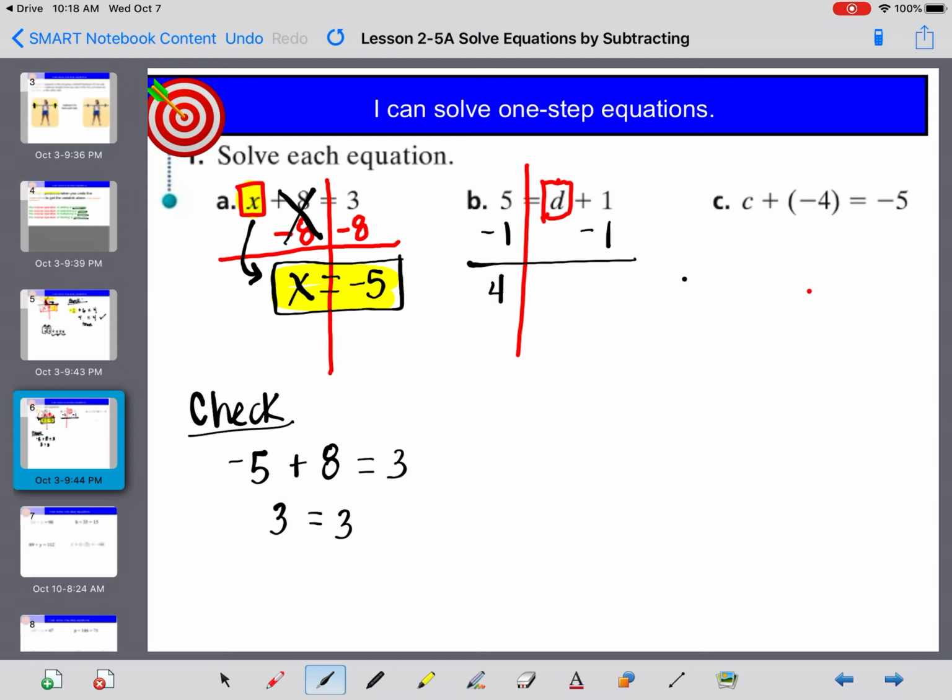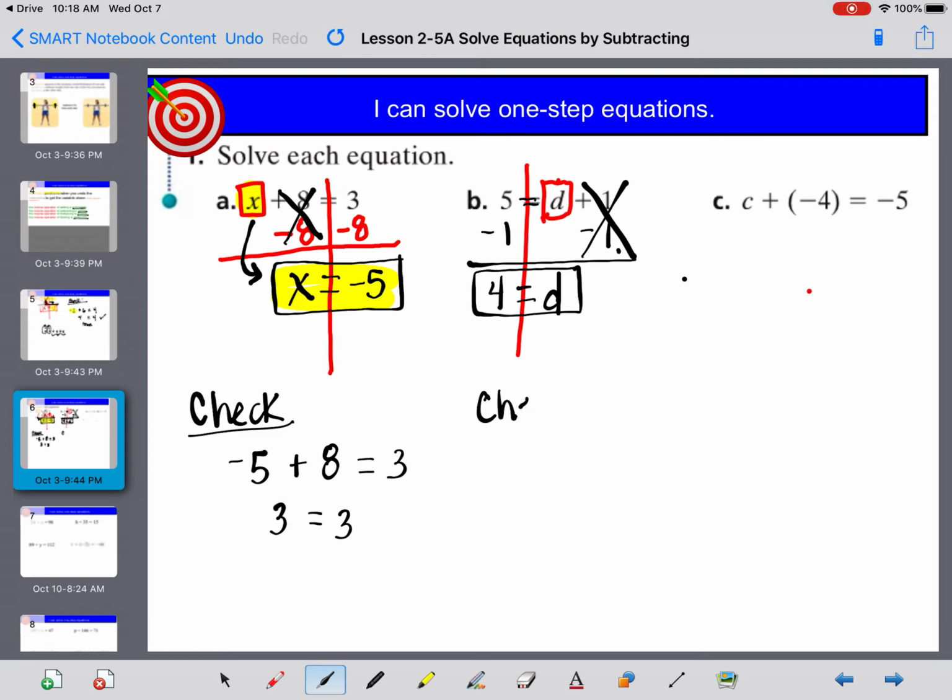Then I tell what's remaining on both sides of the equal sign. 5 minus 1 is 4. The equal sign is always on the line. I have d, and then 1 minus 1 is 0, so that just goes away. Now d is by itself. I have d equals 4.